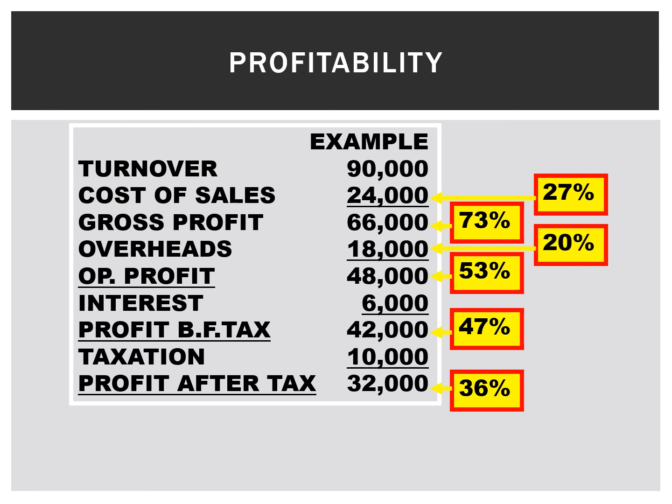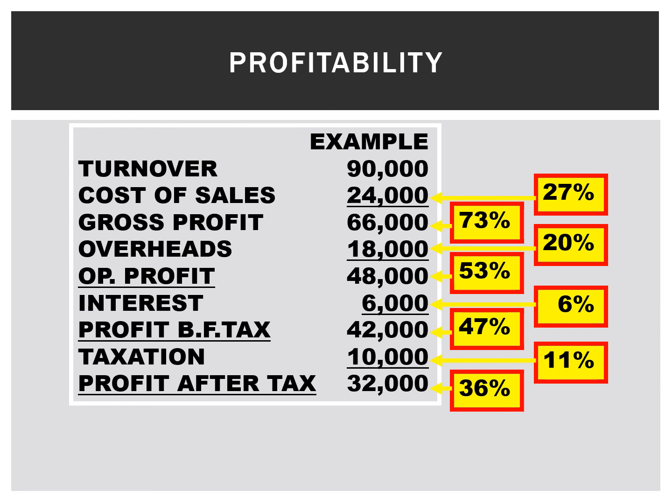And similarly, we can say in this example, 20% of revenue is used up paying for overheads. That's the difference between the gross profit and the operating profit percentage. Interest 6%, and so on.